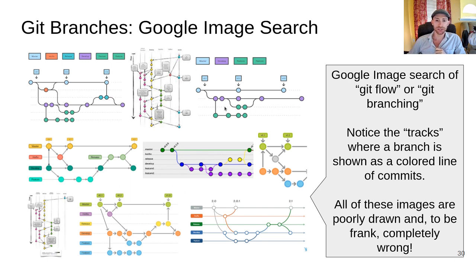A lot of these images show these tracks as being branches. In my opinion, all of these images are poorly drawn, and to be completely honest with you, they're wrong and they're misleading. And I honestly think that the reason people don't understand branches is because when they're first introduced to it, they see this and this is wrong. So let me explain to you why it's wrong over the next few slides here.